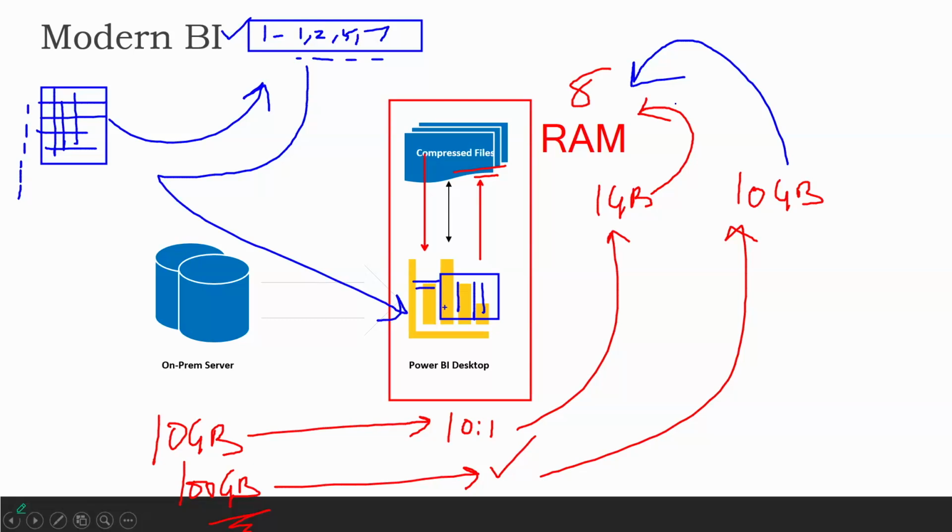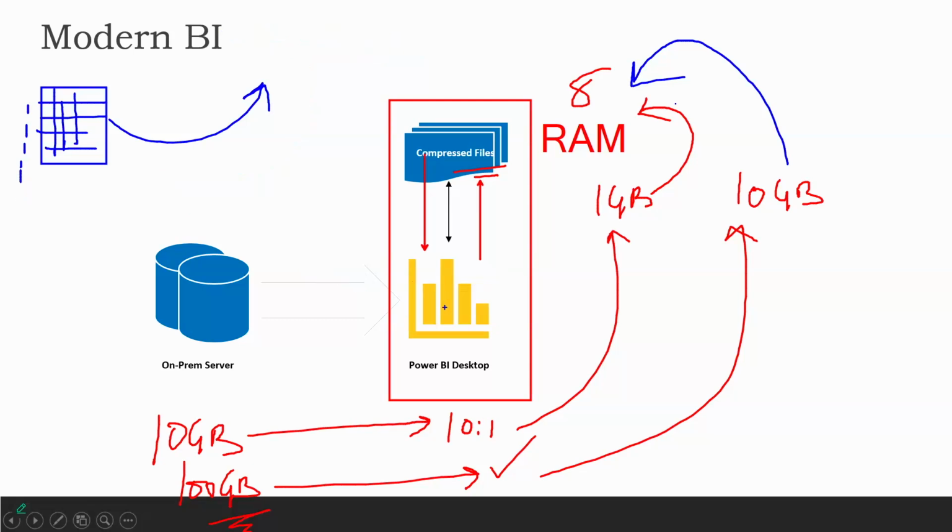Yeah, that's fine. And I'm just going to come back a little bit. Let's go back to our old idea here. What happens now with this 8 GB of RAM? It is not going to be there for the entire Power BI application, right? We have the operating system, and other applications running.